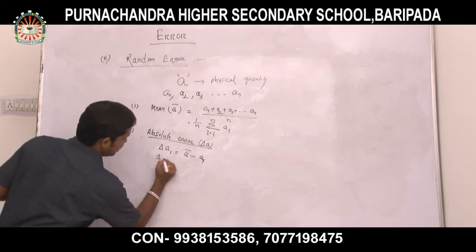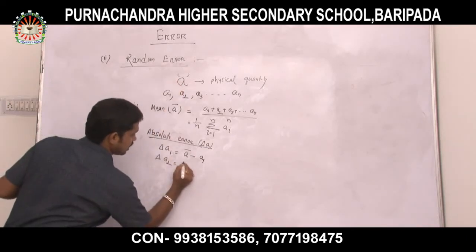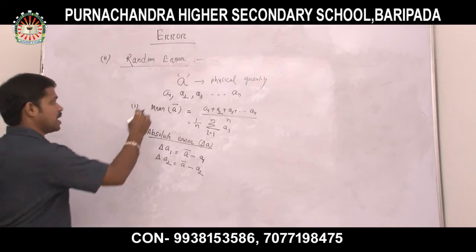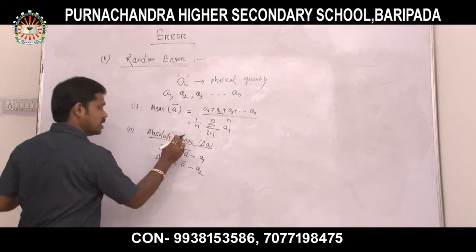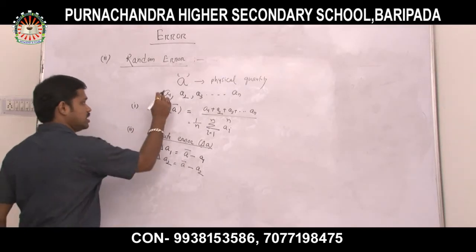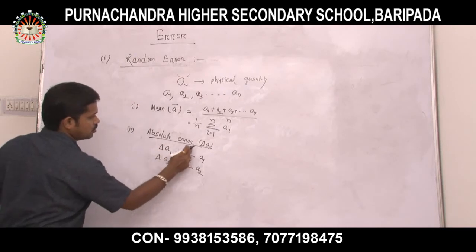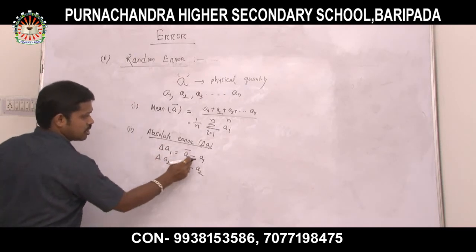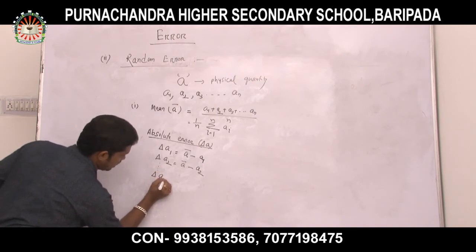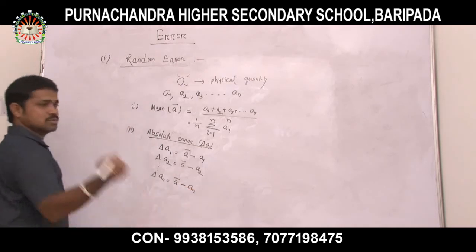Clear? Similarly, for the second measurement, that is A bar minus A2. In this way we have to find out the absolute error for each individual measurement. So del A1 is equal to A bar minus A1, del A2 is equal to A bar minus A2, and so on up to del AN is equal to A bar minus AN.